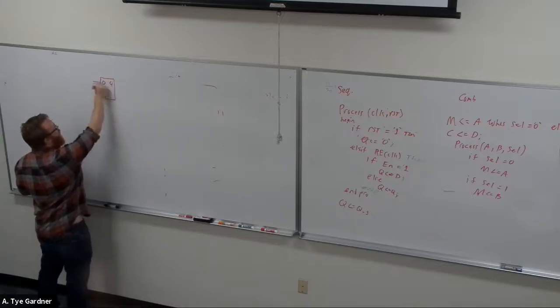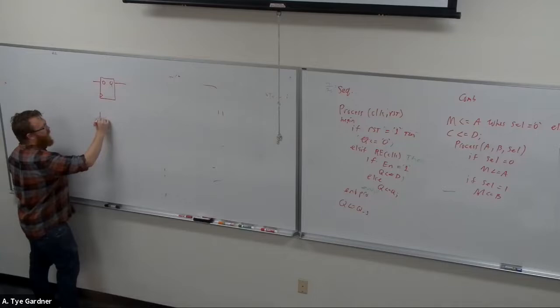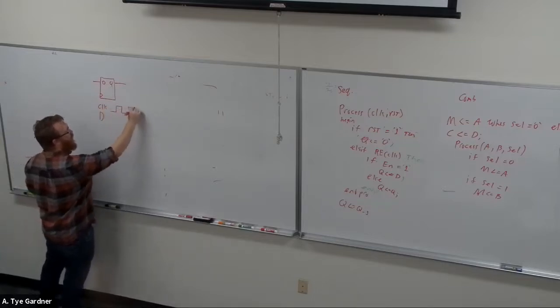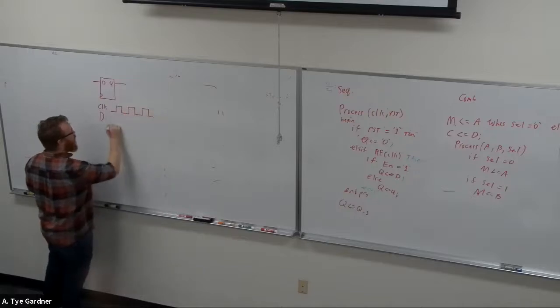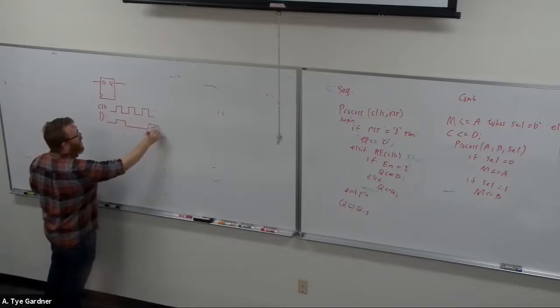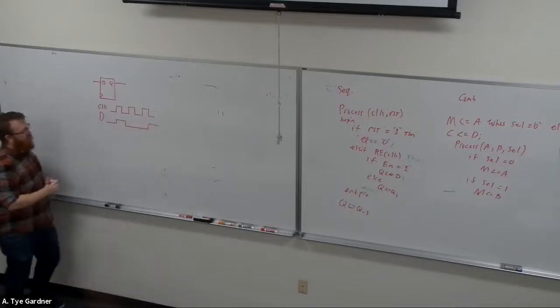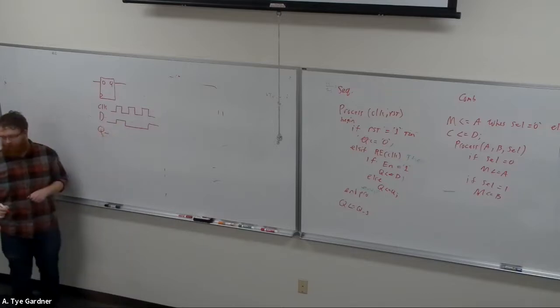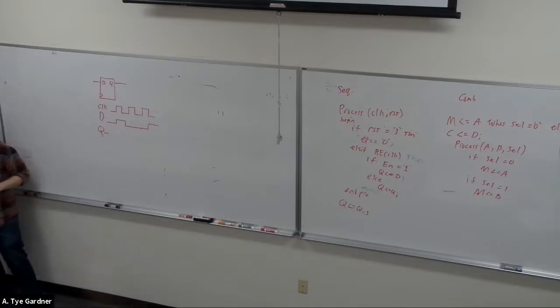I give you a D-Q flip-flop, and I say your D input looks something like this, and I would say, assuming the Q starts at 0, finish the timing diagram, right?